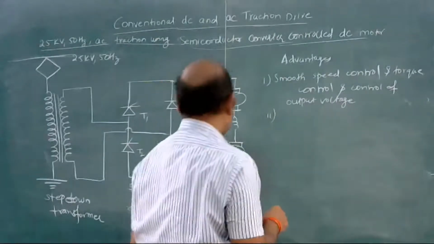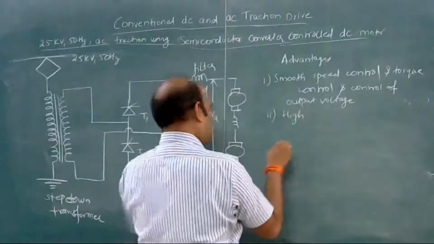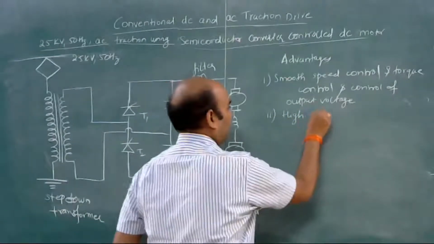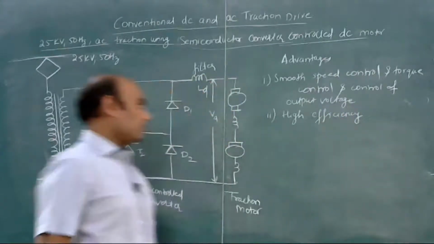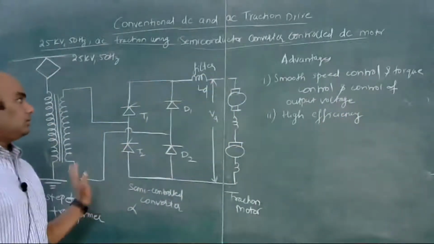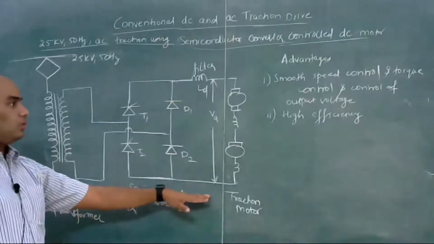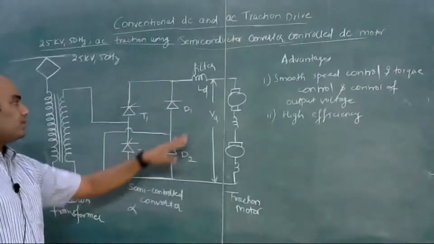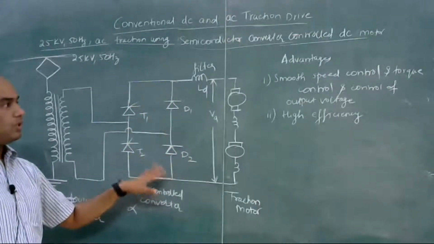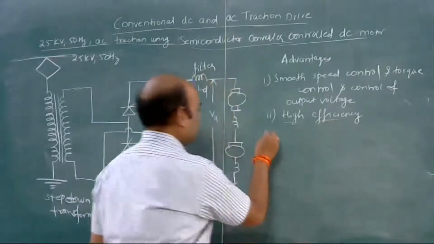Okay, and it is highly efficient. It has got high efficiency. Okay, so this circuit doesn't have any resistance. There will be no losses. Okay, and we are using these semiconductor devices, so losses will be minimum. Okay, so it is a very highly efficient circuit.